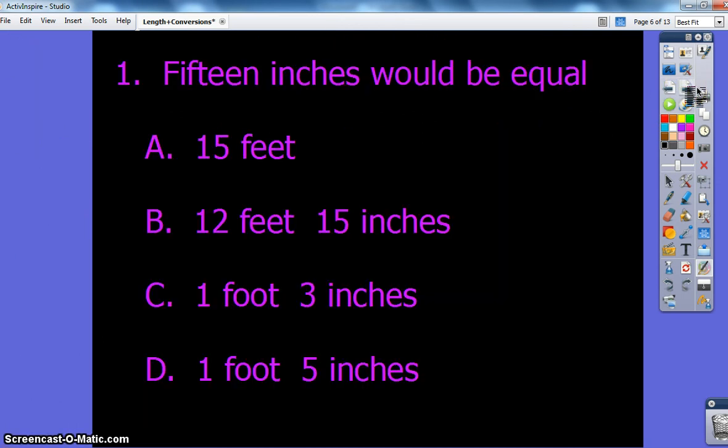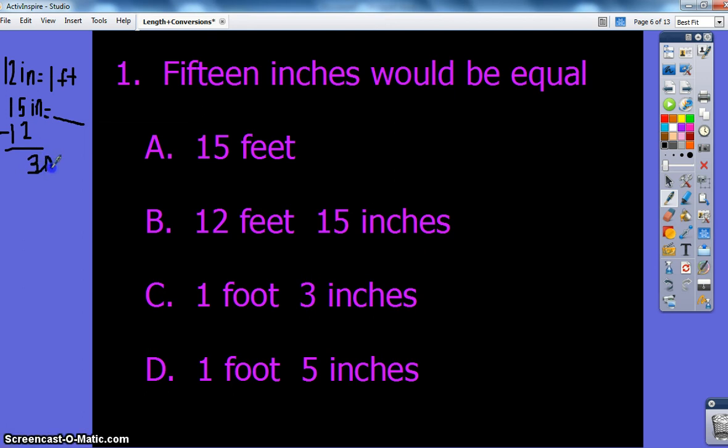Okay, 15 inches would be equal to how many feet? Well, I know that there are 12 inches in 1 foot, so if I have 15 inches and I take out 12 inches, I have 3 inches left, correct?